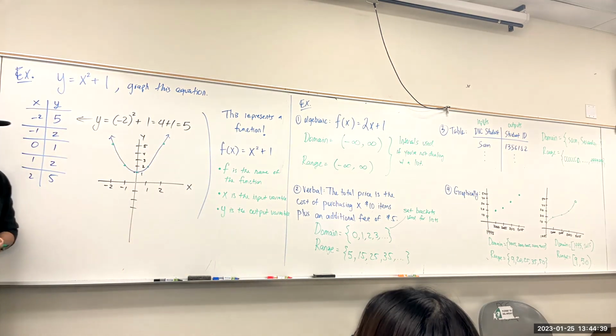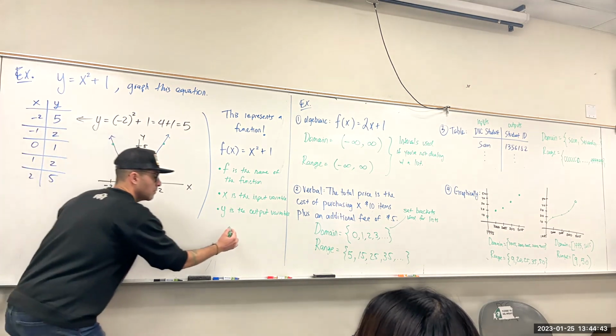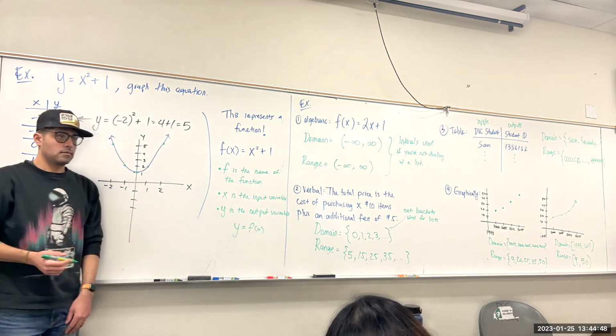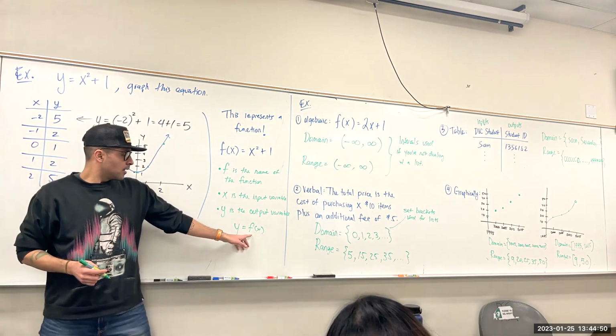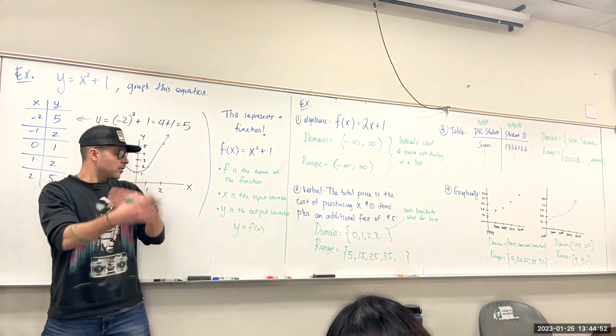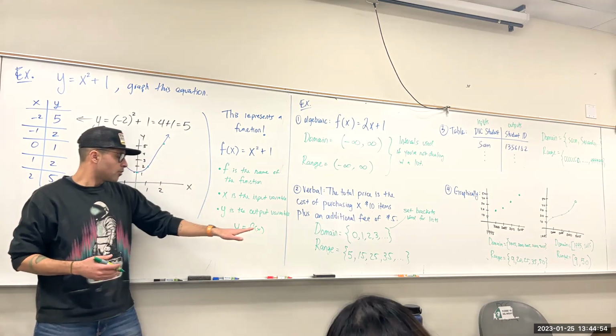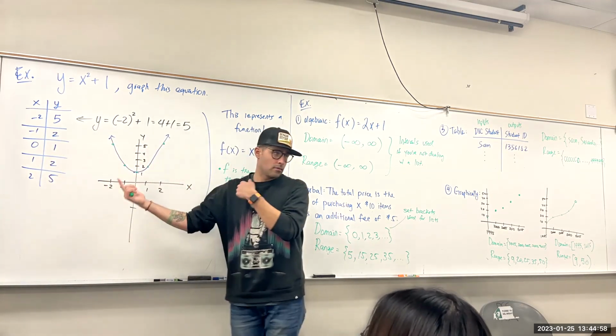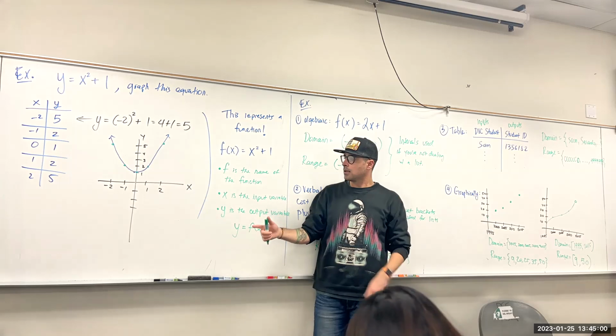Okay. And so you'll see in math textbooks, you'll see this showing up a lot. Y equals f of x. And what that means is that the output values of your function are going to represent the y coordinates associated to the graph in the table. Okay.